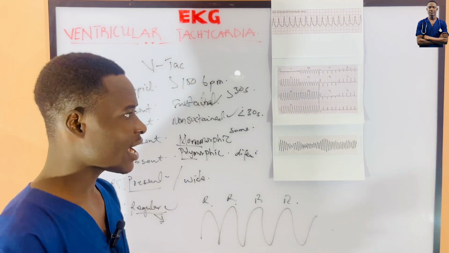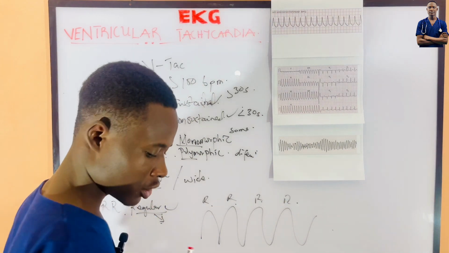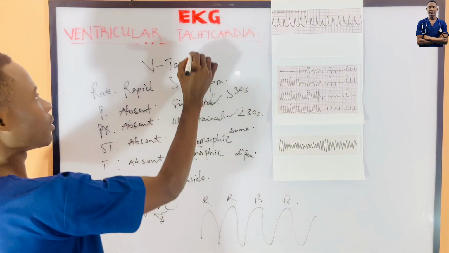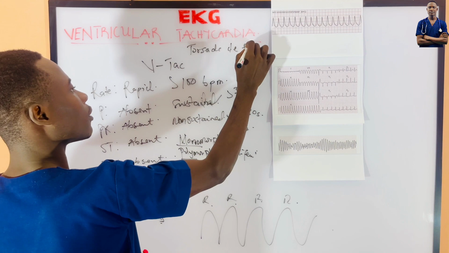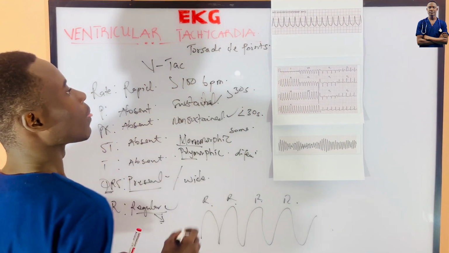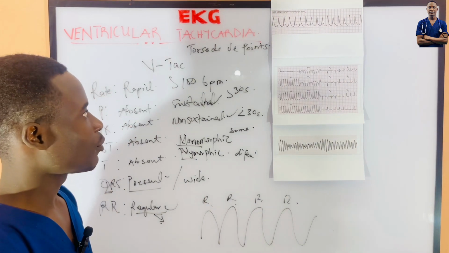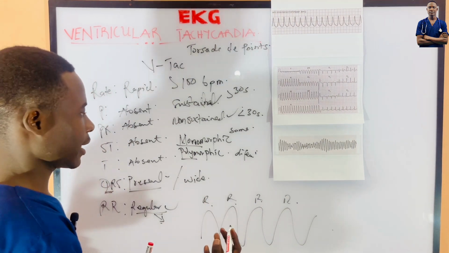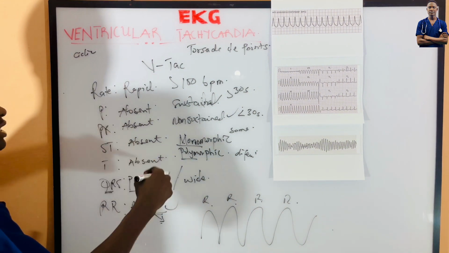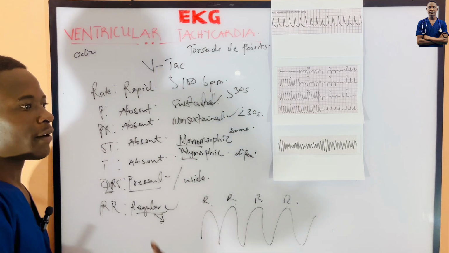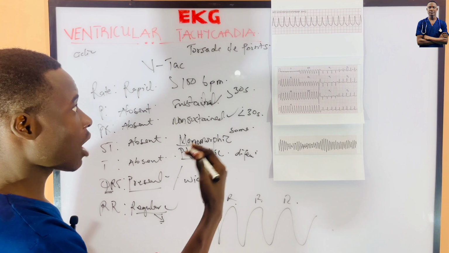A typical example of it is what we call torsade de pointes. For torsade de pointes, it's like a cyclic generation of the ventricular tachycardia. So how does it happen?